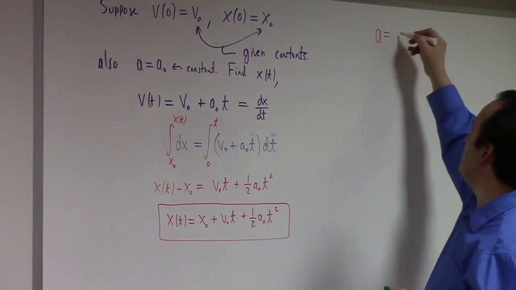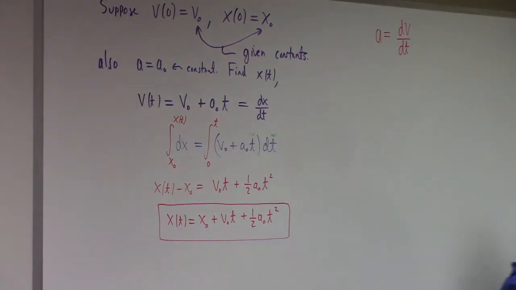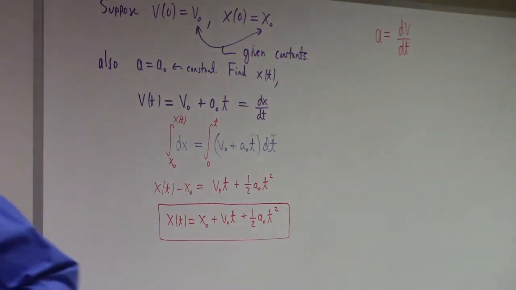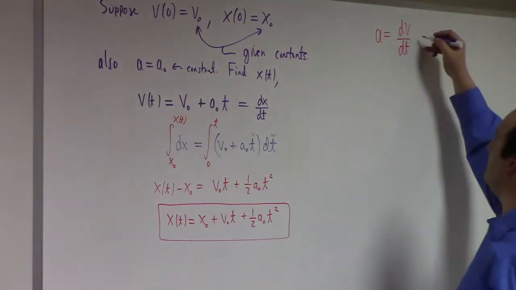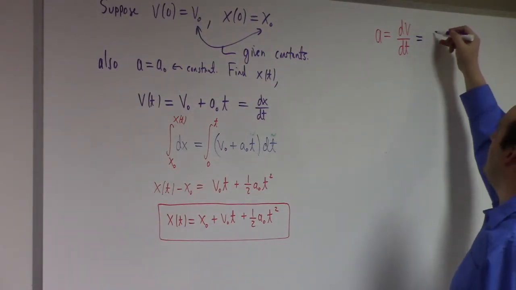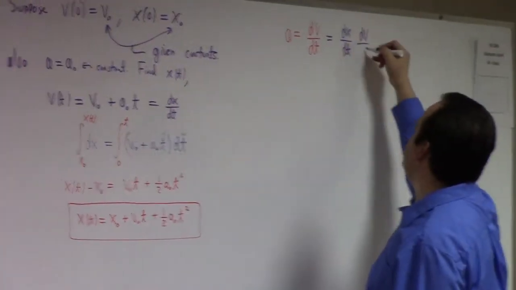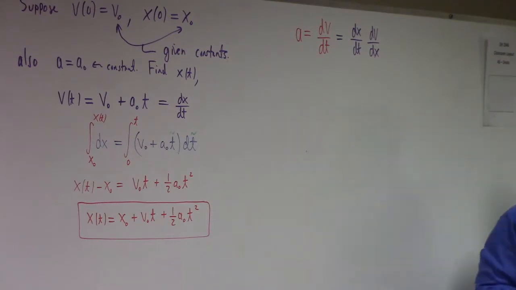So a is equal to dv/dt, right? But if you just tilt your head and squint, I could write dx/dt times dv/dx, right? I'm just dividing and multiplying by dx. Surely that's allowed.